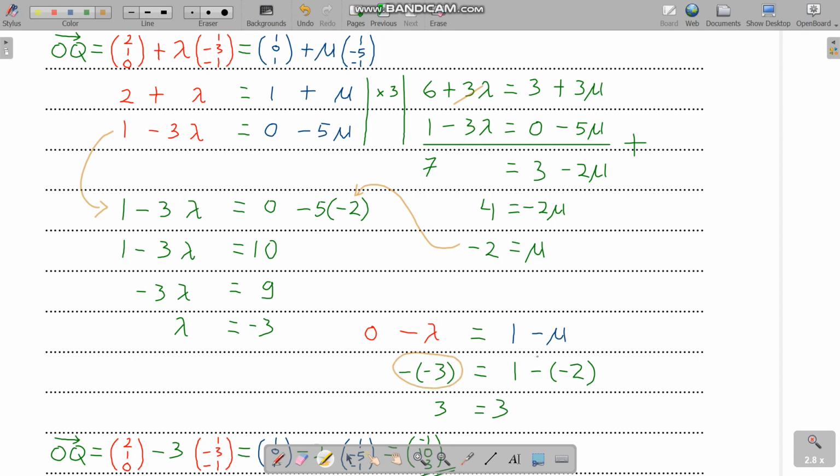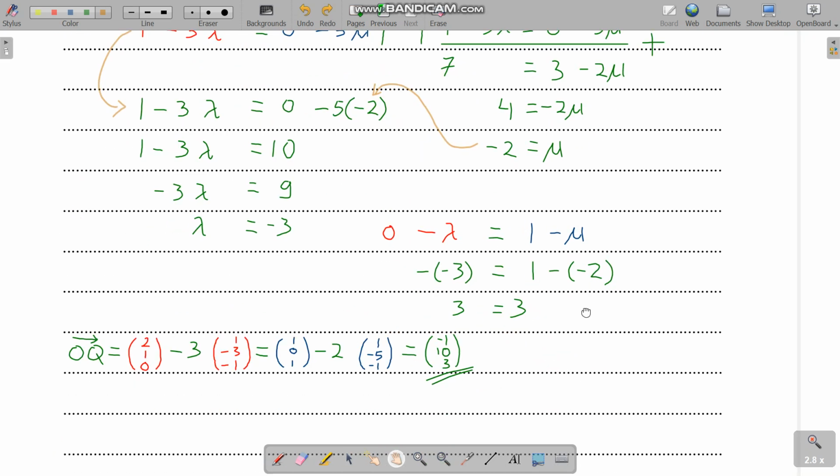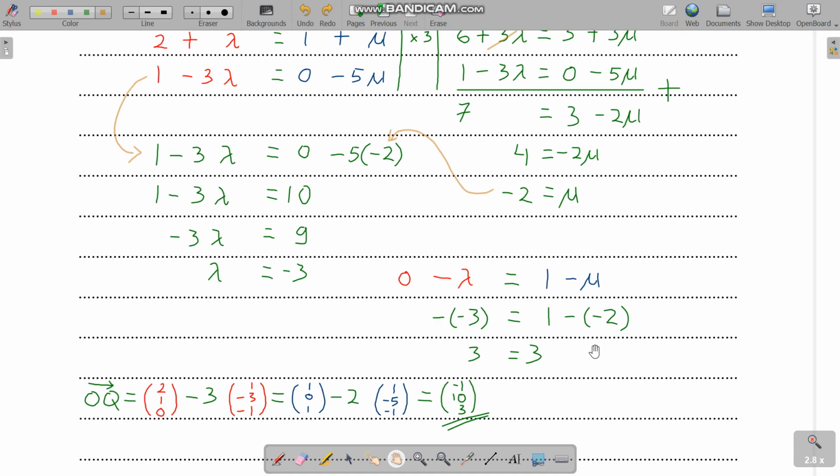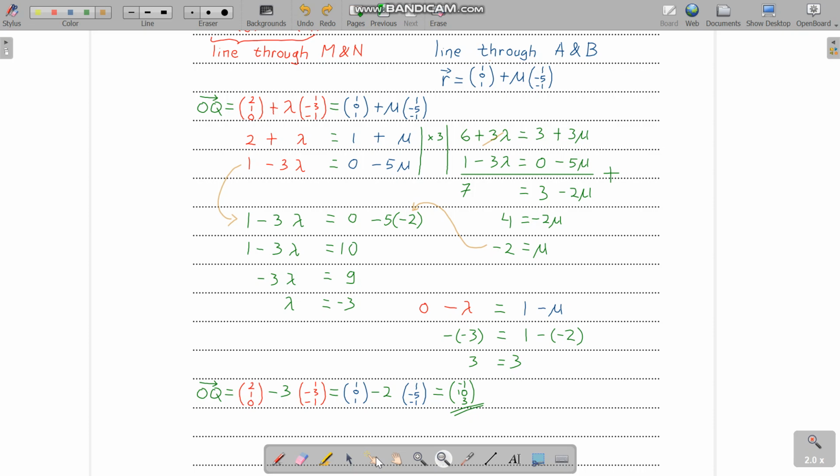This is 3, this is also 3, so this is right. We have the right values of mu and lambda. And to find the position vector, we can use either equation. We can use the red or the blue using the lambda or the mu, but we will get exactly the same result in the end, same position vector, because this point is on both lines.